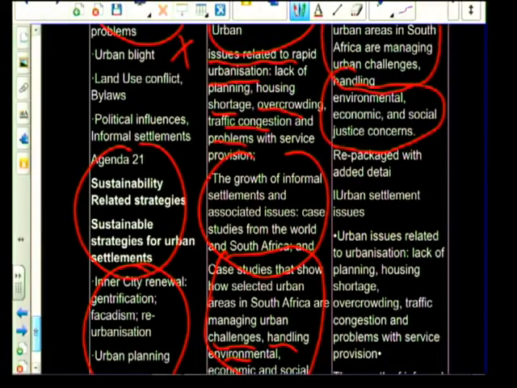Okay, added packages, which has added some more detail. Urban settlement issues such as urban issues related to lack of planning, housing shortages. We do it in more depth than we've done it in the past. In the past, we just went through it briefly.